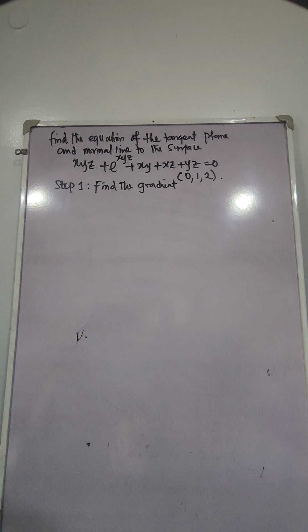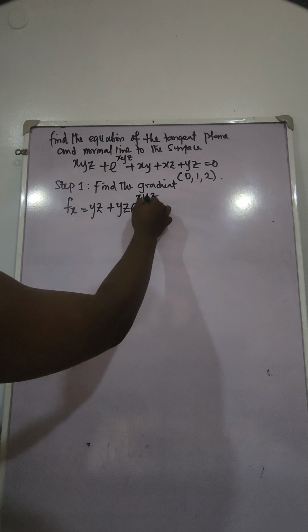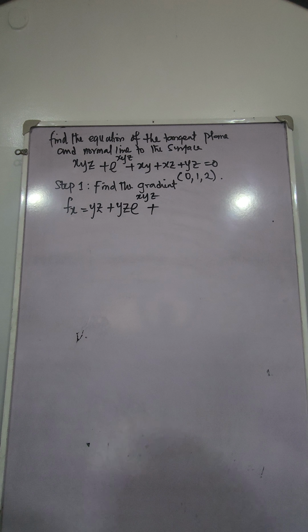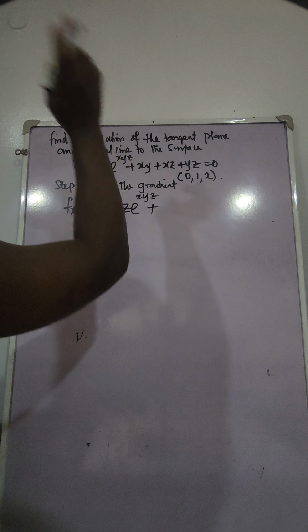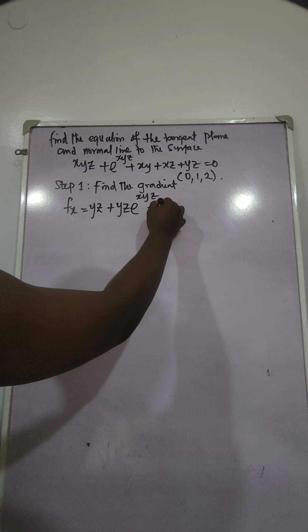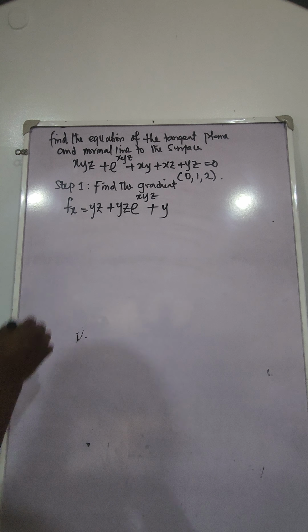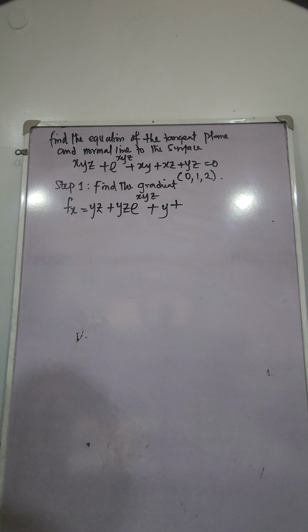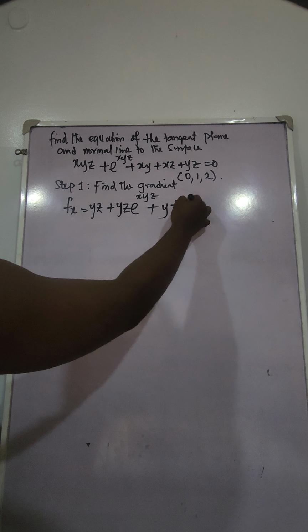So you have yz e to the power of xyz, then you repeat what is up, plus, let's differentiate xy with respect to x. You're going to have just 1, so 1 multiplied by y, you have y. Plus, let's differentiate again with respect to x here. You have z.